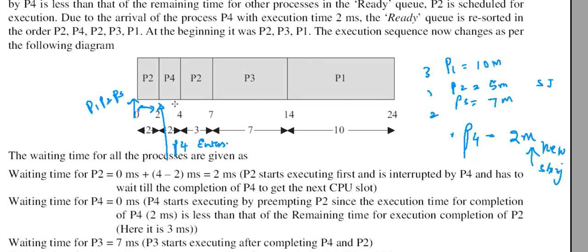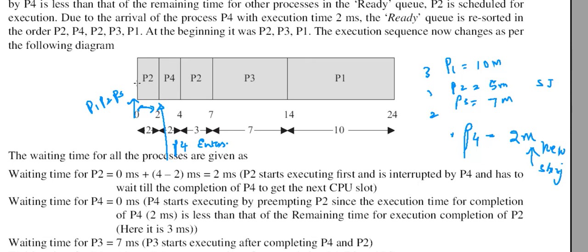If you understood the previous problems, you can easily find the waiting time. For the very first time, what is the waiting time for P2? The waiting time for P2 is 0 milliseconds. After that, once again it went to the waiting state when P4 came.